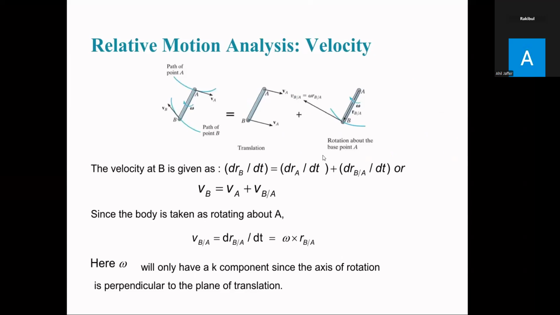Now, if you just divide it by the time, then what does it become? Rate of displacement is velocity. For point B, VB equals VA plus VBA.